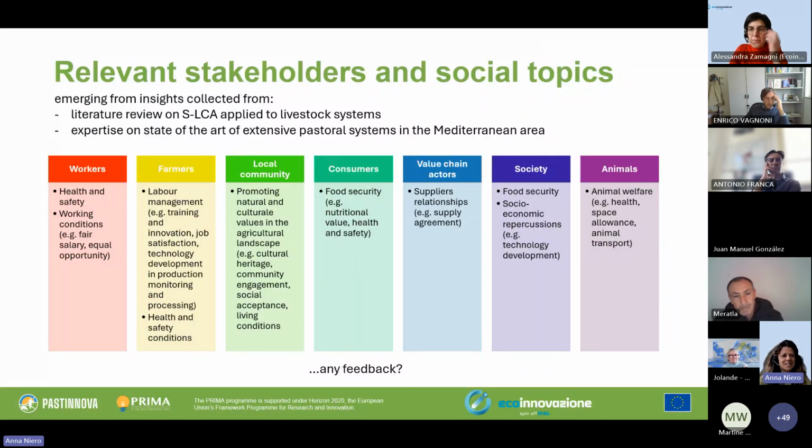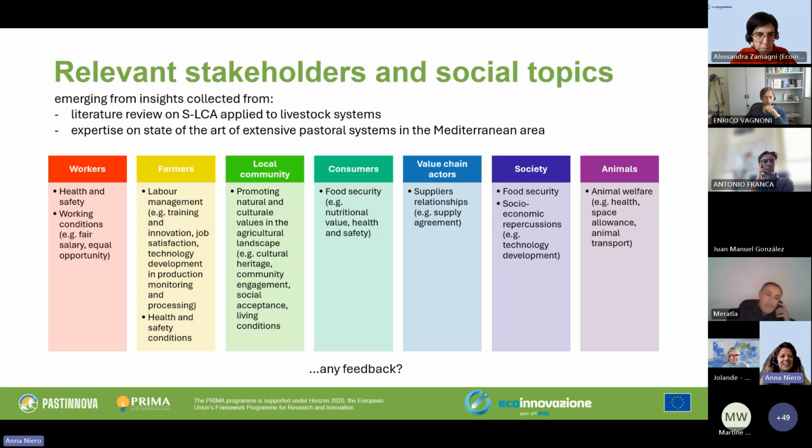So we go towards the closing of our webinar, but I first wanted to present what we found out from the literature review and expert consultation. These are the most relevant aspects or social topics that were emerging from our research, and some of these aspects were also mentioned in your comments.